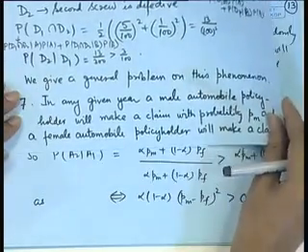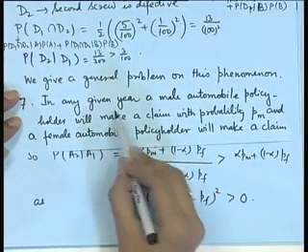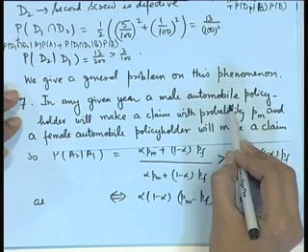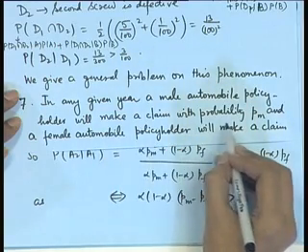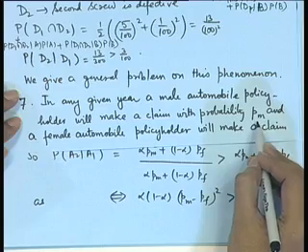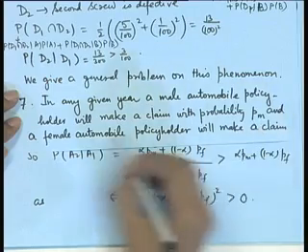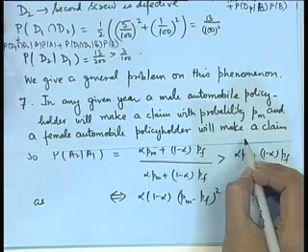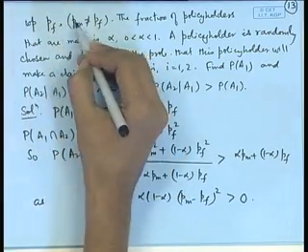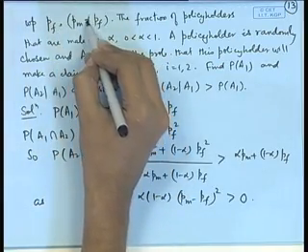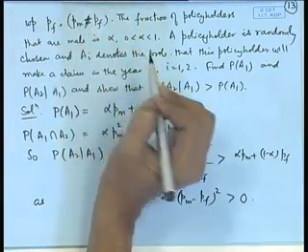So, let us consider this problem. In any given year, a male automobile policy holder will make a claim with probability Pm, and a female automobile policy holder will make a claim with probability Pf. In general, we assume Pm is not equal to Pf, although it is not necessary, it may be equal also.